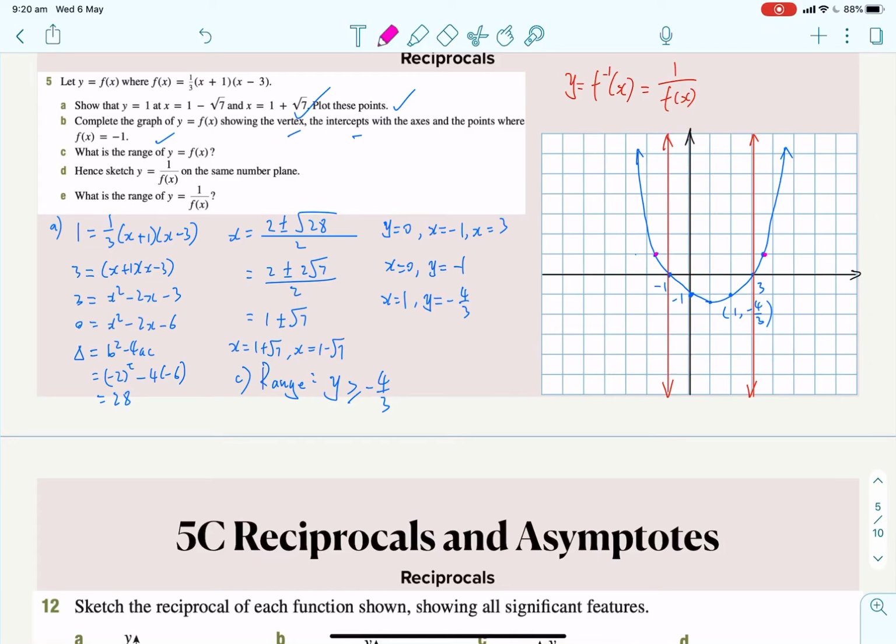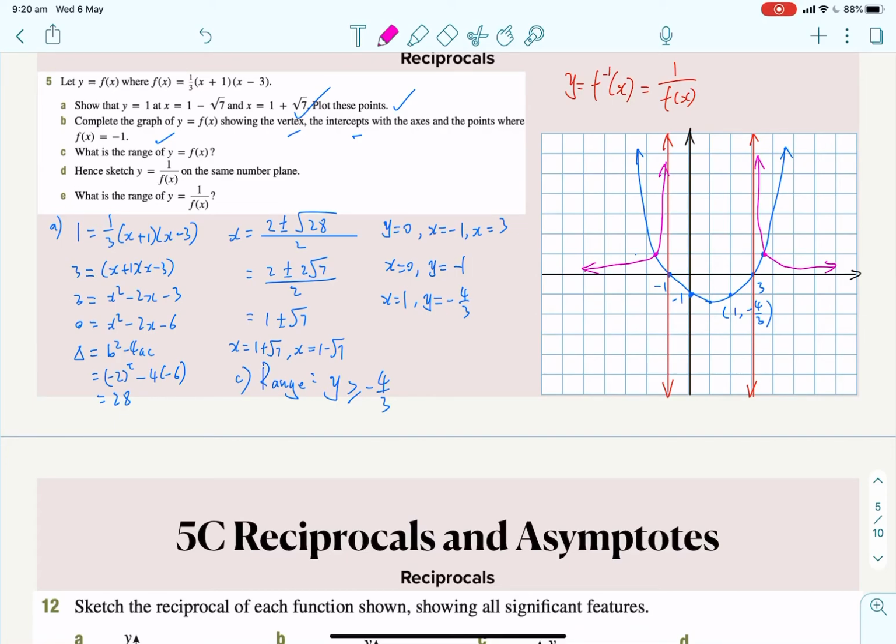So it's going to go up like this and not touch the line. And then the bottom bit will be close to your x-axis. Same with the one on the left hand side. And then here. Okay. Now the hard part is the bottom bit.